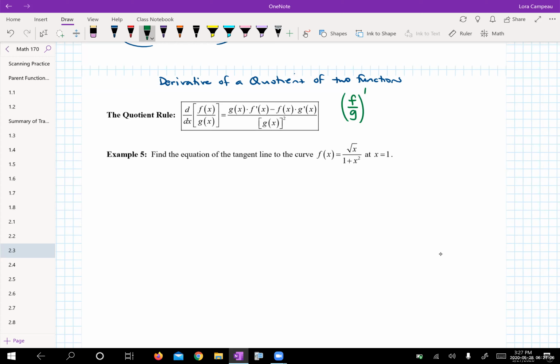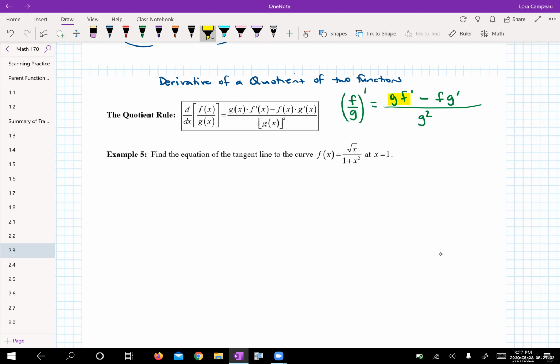If I take out the function notation part, the of x part, I notice in the denominator I have the denominator function squared. And then in the numerator we have g f prime minus f g prime. Does that look familiar?